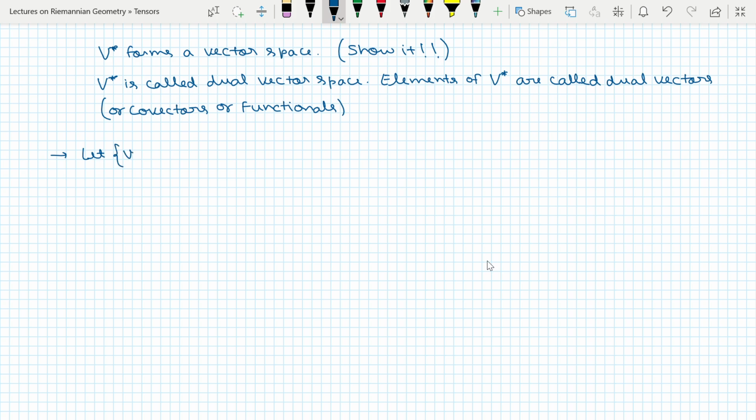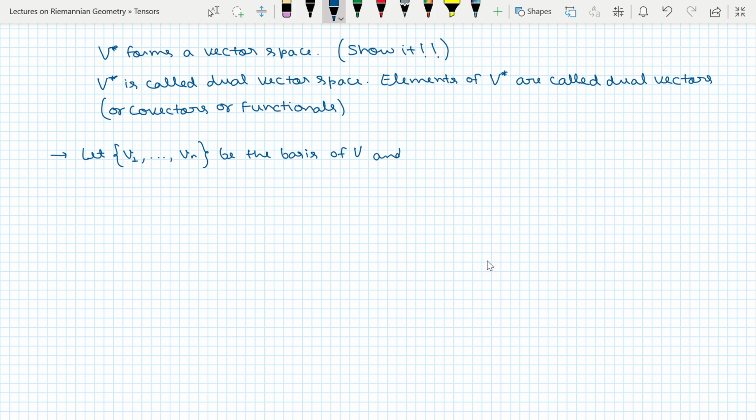let V1 up to and so on Vn be the basis of V. Okay, V is a finite dimensional vector space, so this is the basis.